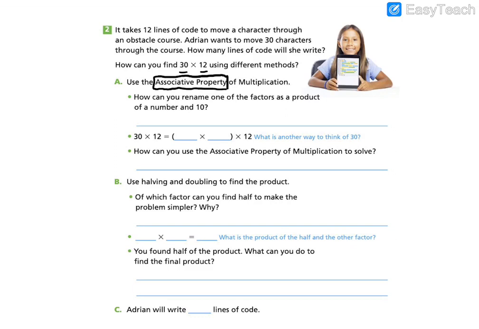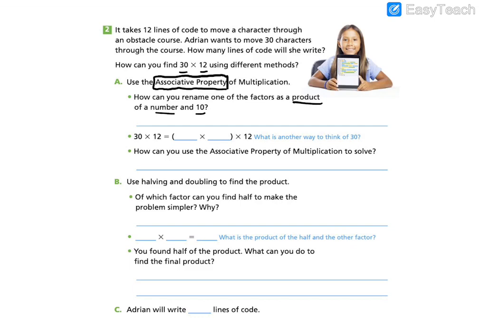The first step before we're going to use the associative property is we need to rename one of the factors as a product of a number and 10. So it's not asking us to rename using place value. It's asking us to rename a factor as a product.